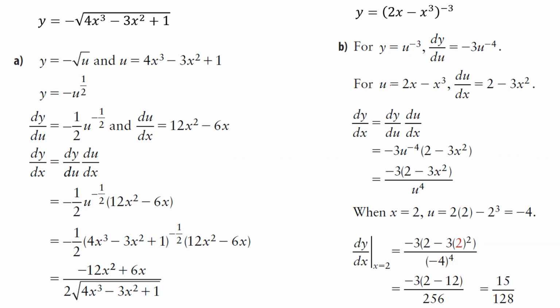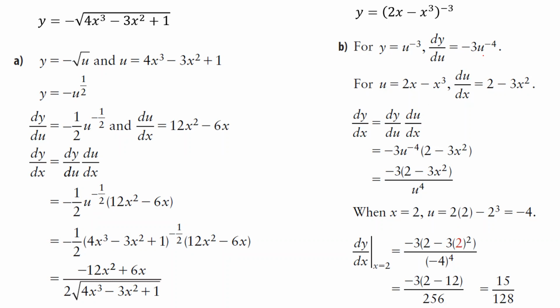The inner function is u equals 2x minus x cubed. The derivative of the inner function, du by dx, is 2 minus 3x squared. Then dy by dx, according to the chain rule, is the derivative of y with respect to u times the derivative of u with respect to x.